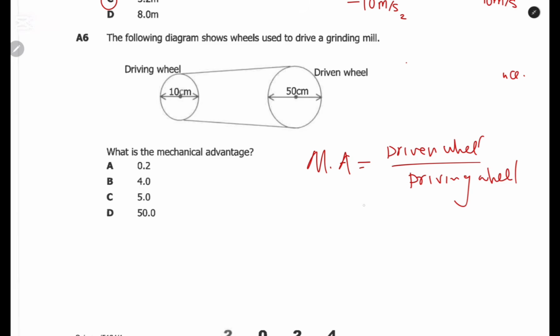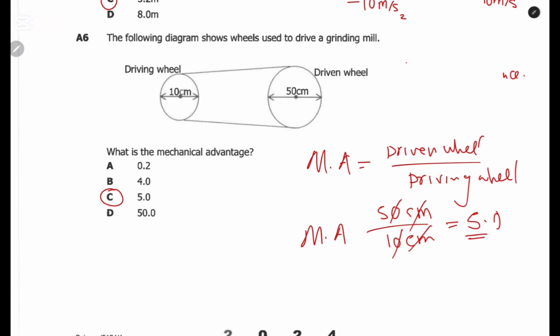So the driven wheel is 50 centimeters, the driving wheel is 10 centimeters. If we divide here, mechanical advantage is going to give us 5. And these are ratios, so no units. So 5.0. That is the answer.